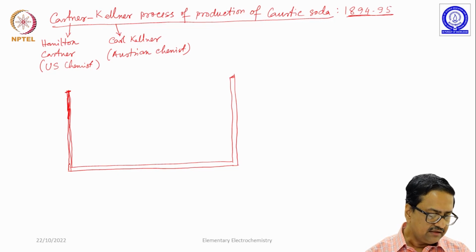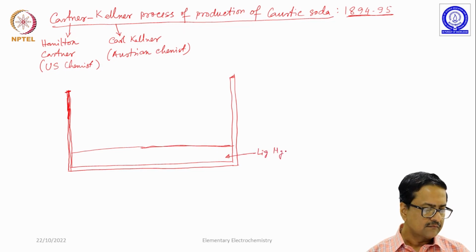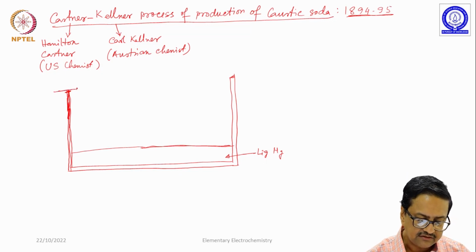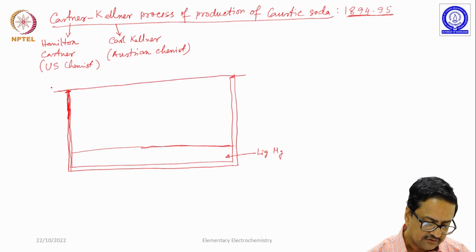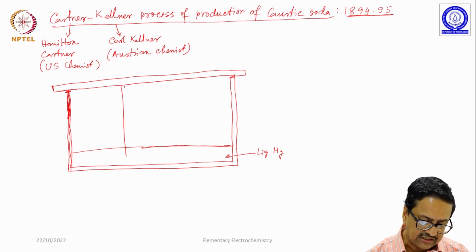Then they used liquid mercury as one of the electrodes, and they built the lid in such a way that it is nearly airtight, and from the lid two partitions are built such that the partitions don't touch the bottom, but are dipped below the level of mercury.